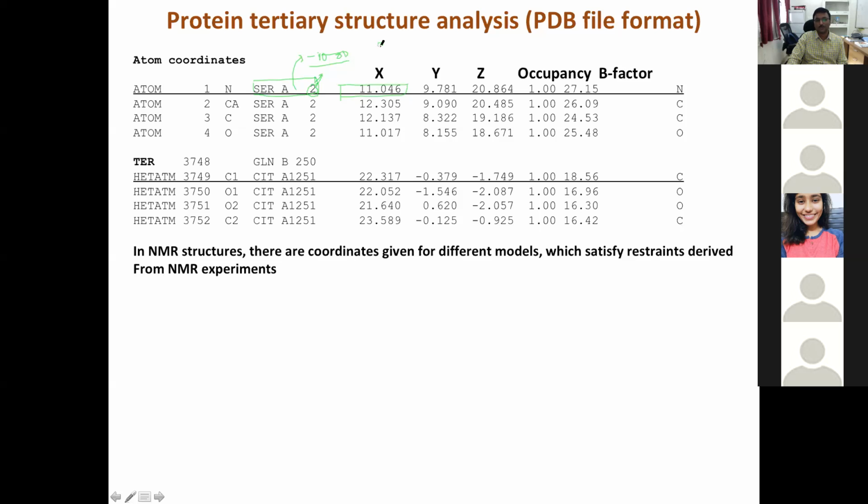If you are familiar with a little bit of programming, the format is called 8.3f, which means there are 8 positions given to store this XYZ coordinate. Of these, 3 positions are dedicated to the part after the decimal point, and hence you will see this given to 3 decimal places, and whatever comes subsequently can be filled in.